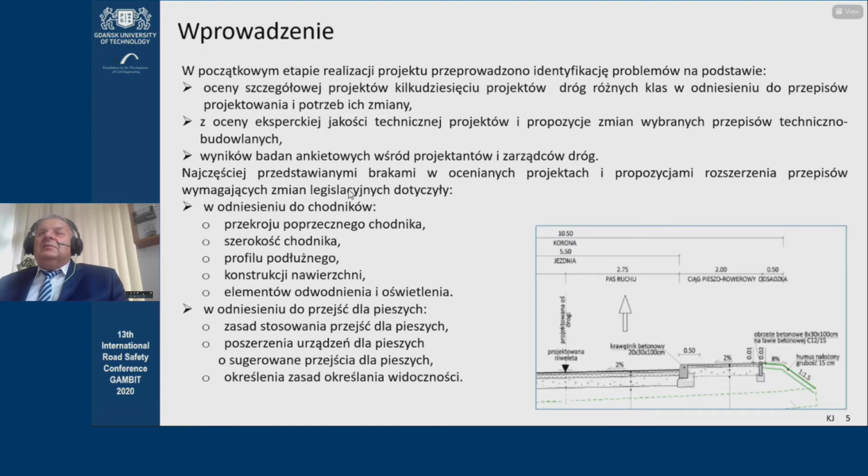As in the other presentations by Professor Olszewski or Professor Gacy, we've used the same body of surveys. And the data from the projects and surveys that have been submitted by road management authorities, we see that the largest number of doubts and questions about designing for pedestrians pertained to the cross-section of the pavement, drainage, surface, and lighting.